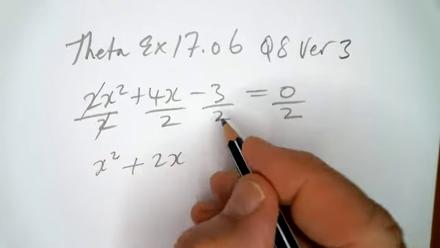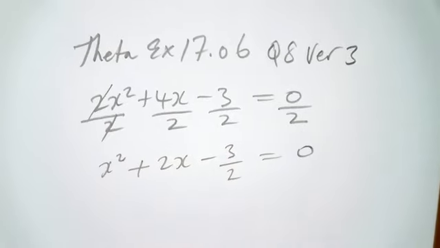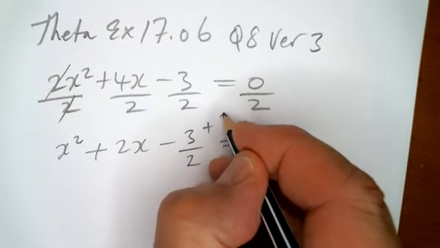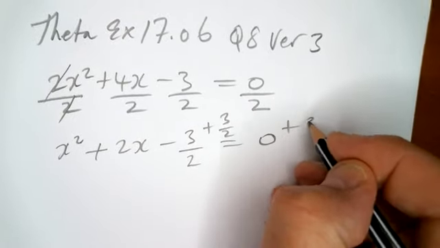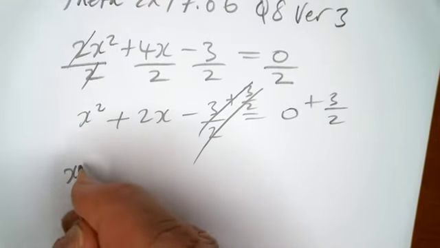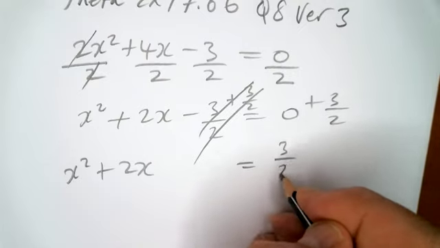That becomes a 2x, and we can leave that as a minus 3 on 2 is 0. Now, let's get the 3 on 2 on the other side. So I'm going to add 3 on 2 to both sides. So now we're left with x squared plus 2x is equal to 3 over 2.